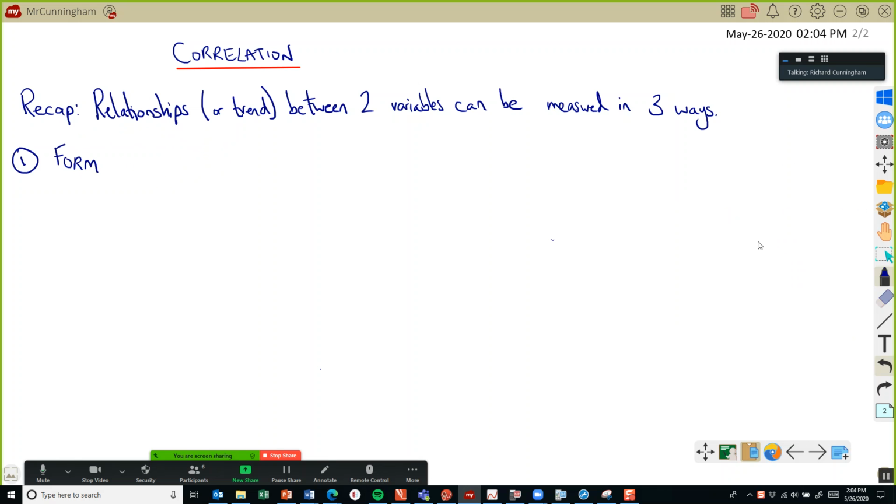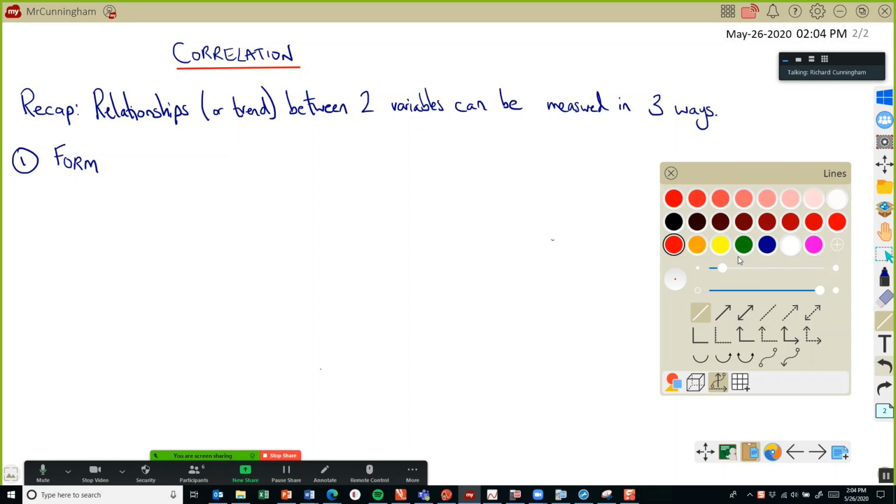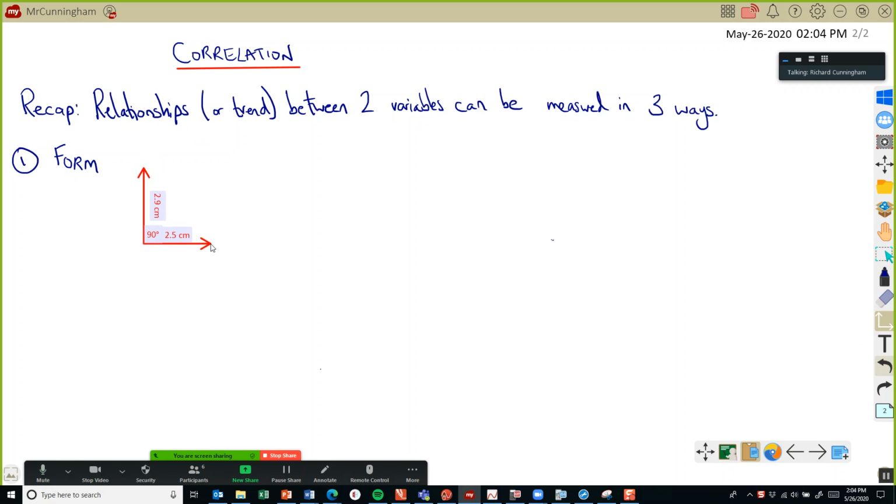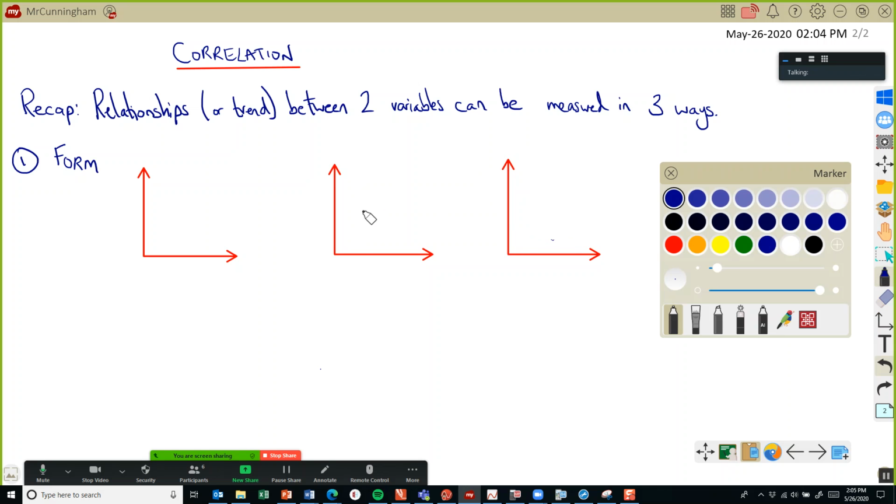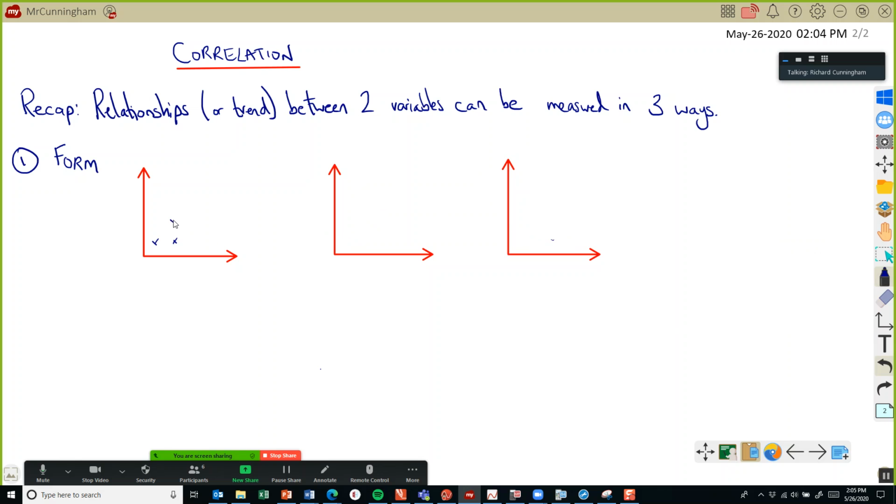So we've got something called the form. And the form is to do with, if I draw up an example, maybe that will help you see what I mean by form. I'll do maybe a couple of examples: 1, 2, 3. So let's imagine our scatter graph was like this.